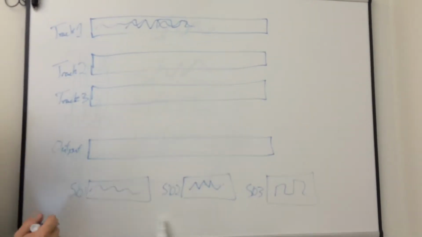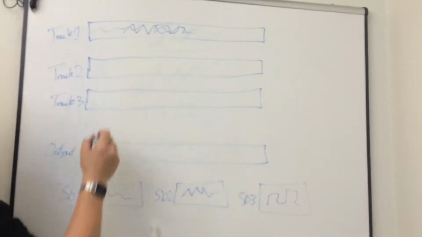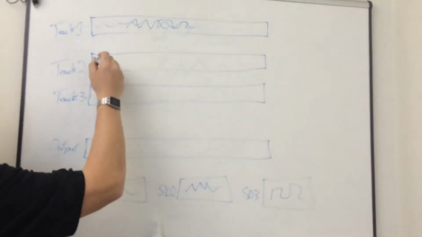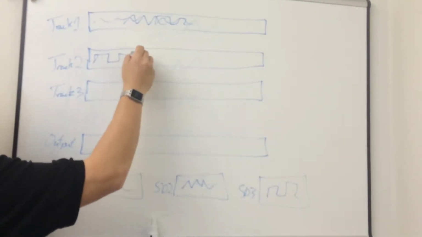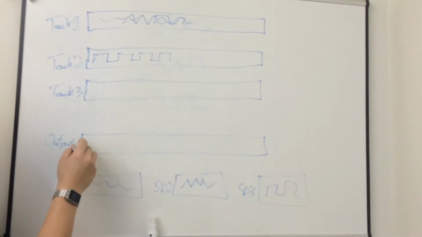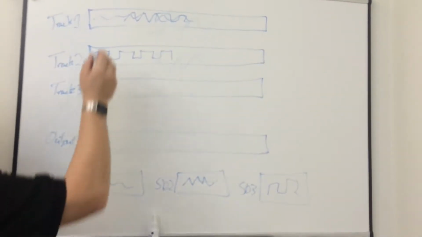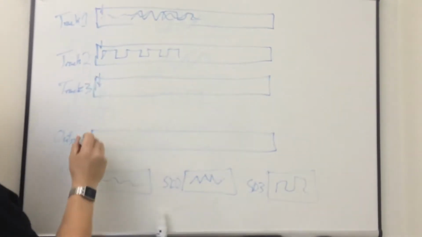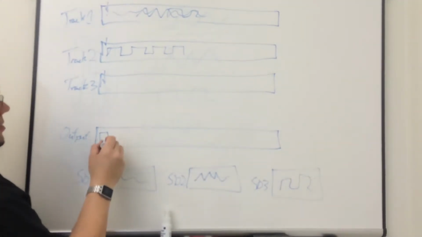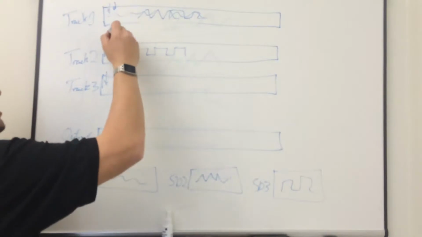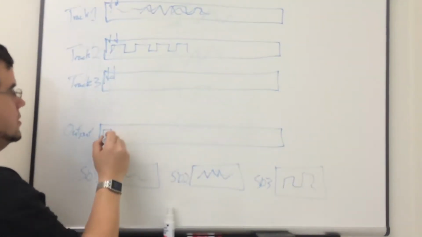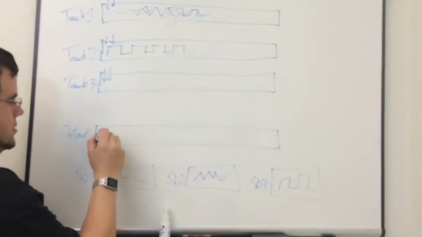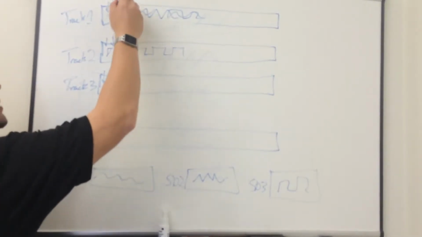So the output is the summation of all of these, which is really hard to draw. But what actually goes out to your speaker is it goes through and adds all the values at one spot and adds all the values to the next spot, which is, like, it's going to be really hard to draw again.